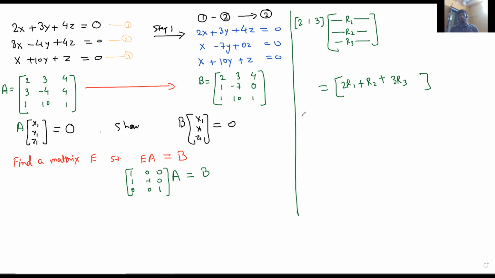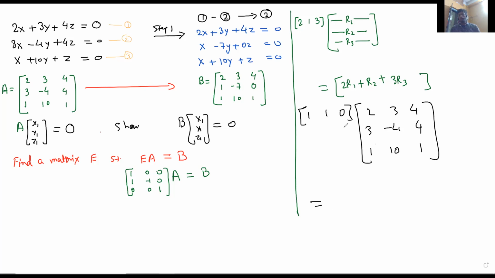Just to show it in an example, let's write some numbers. Let's take this matrix itself, so that we can see how we get some other transformation.